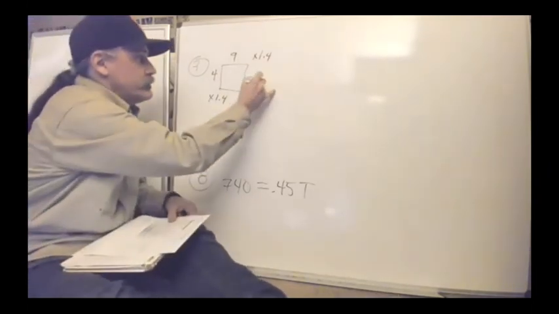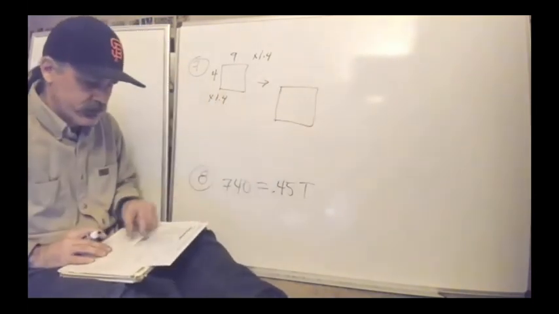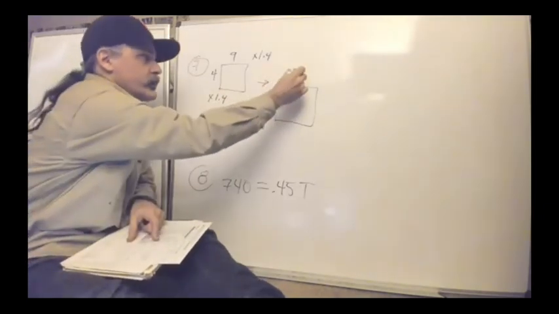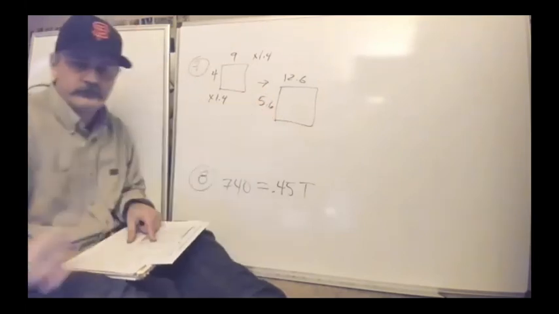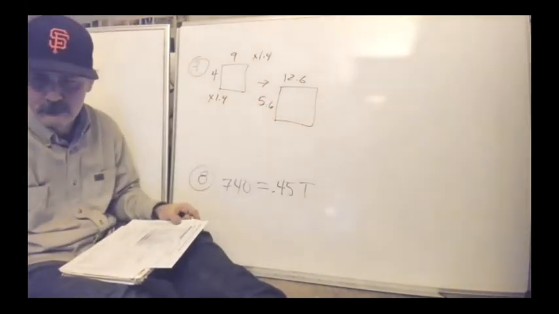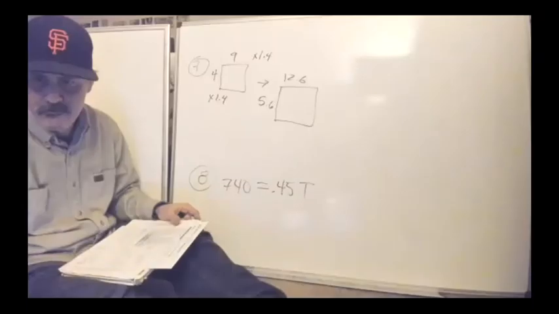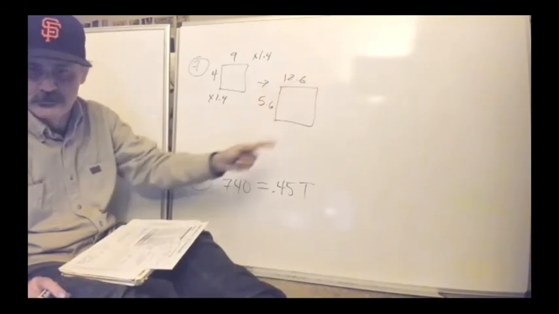And when we do that, we get the new sides, and then we'll add all the sides to get the perimeter. Okay. So you got 2 of these and 2 of those, and that'll get you the answer.